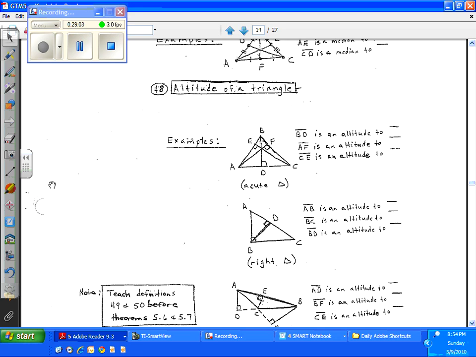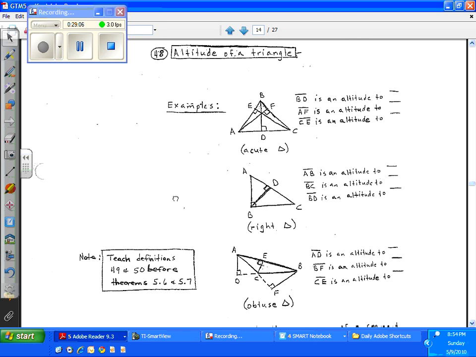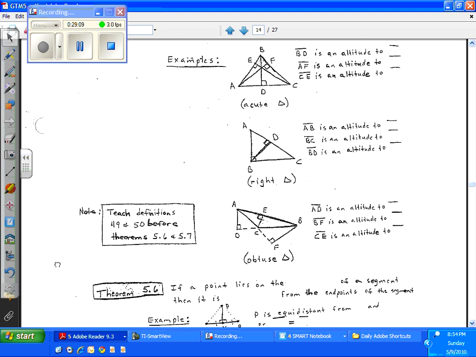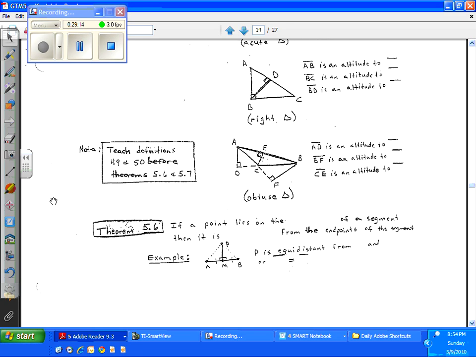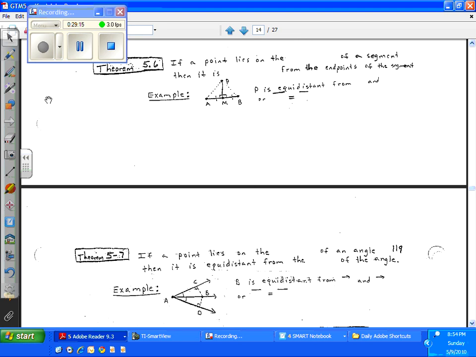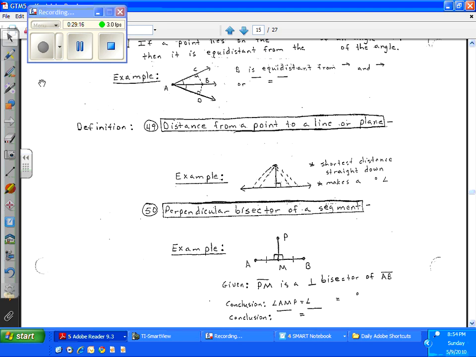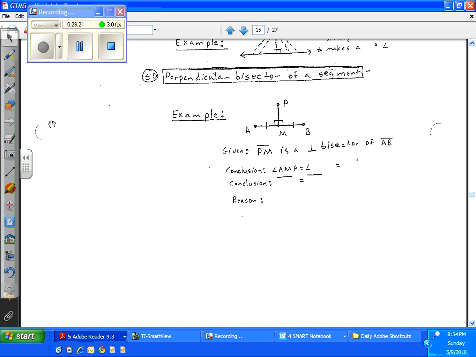An altitude could be inside the triangle, one of the legs of a right triangle, or outside of the triangle if it is an obtuse triangle. A perpendicular bisector of a segment is an object that intersects a segment at its midpoint and forms equal adjacent 90-degree angles. So it hits at 90 and divides it into two equal segments.